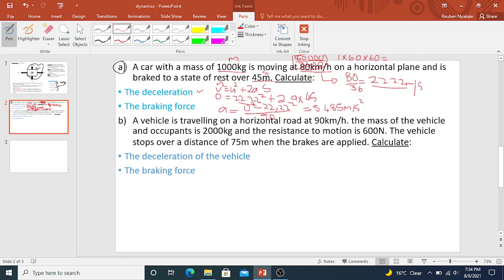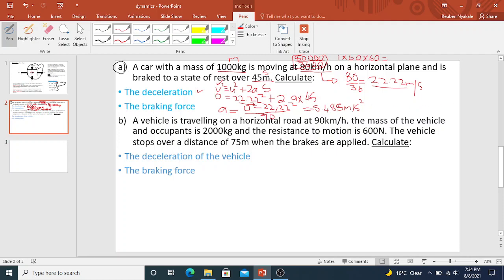But it's a negative answer because 0 minus 22.22 squared will be a minus answer. Our answer there is negative, negative 5.485. We managed to calculate the deceleration.